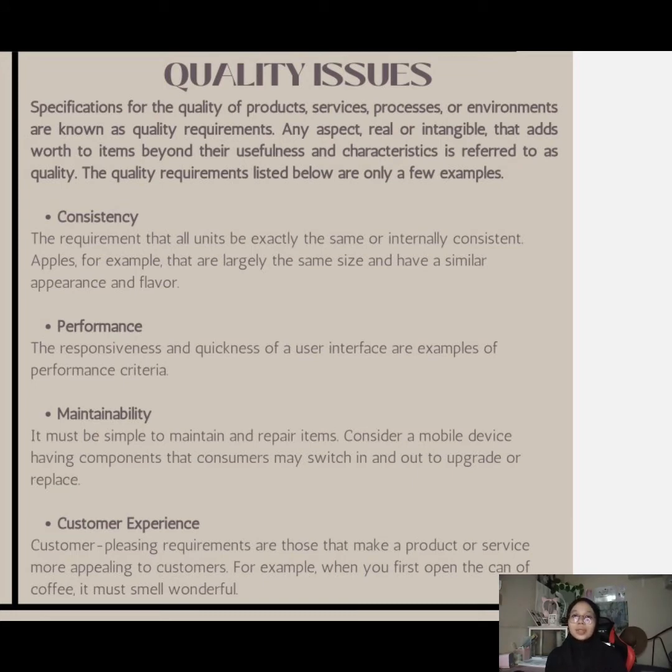The quality requirement list below is only a few examples. The first is consistency, the requirement that all units be exactly the same or internally consistent. For example, apples are the same size and have a similar appearance and flavor.